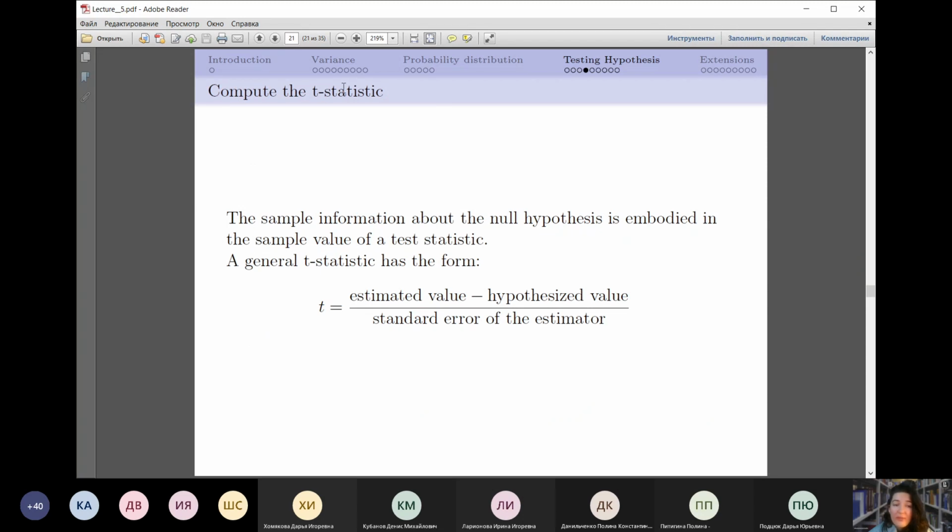After you formulate the null hypothesis, you can use the t-statistic, and use this formula to find it. What should you find? You need to obtain the estimated value from your regression, this coefficient, and also some hypothesis value.